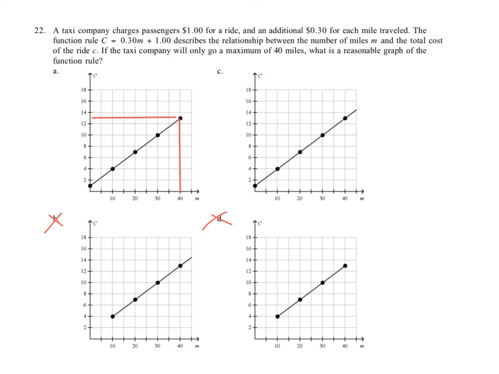It's really got to stop there. So in that situation, this part of the graph eliminates that as a possibility because you're never going to go past 40 and you're never going to end up paying more than $13 in this situation. So we are going to eliminate C and choose A as our answer.